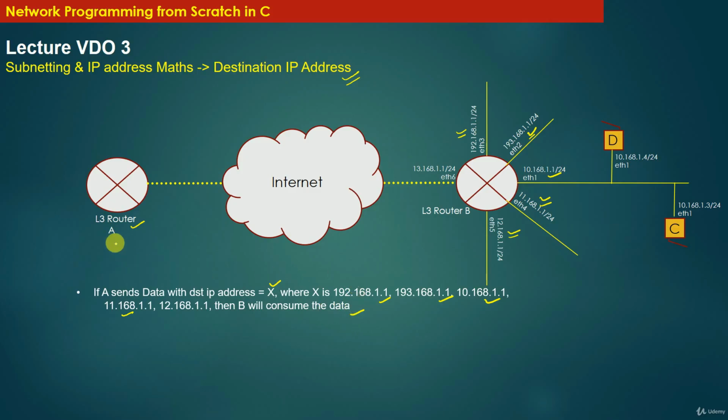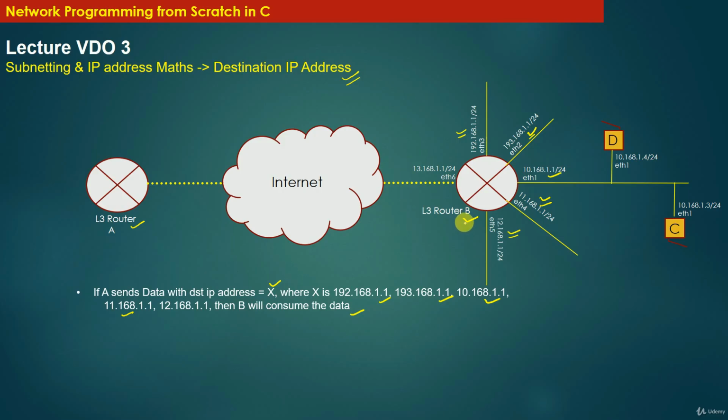That is, if router A sends the data with destination IP address equal to the IP address of any local interface of router B, then when router B receives the data, it is going to consume the data.